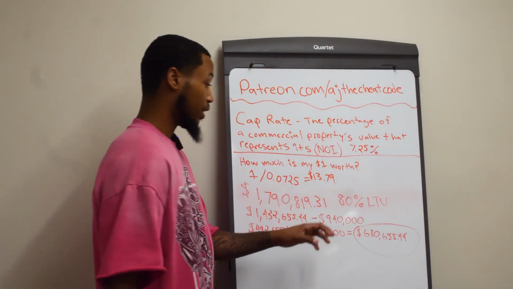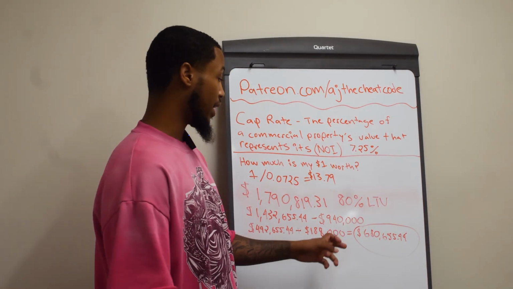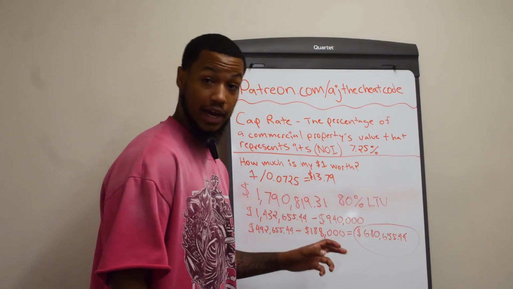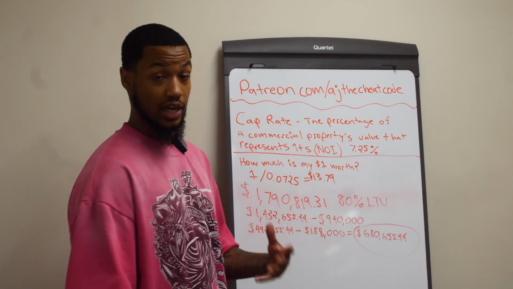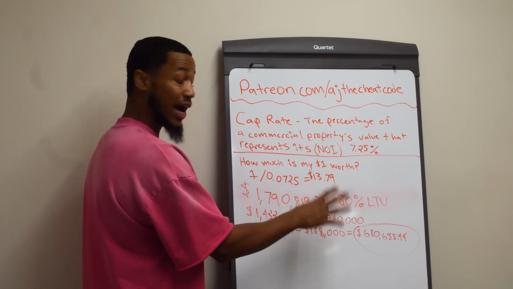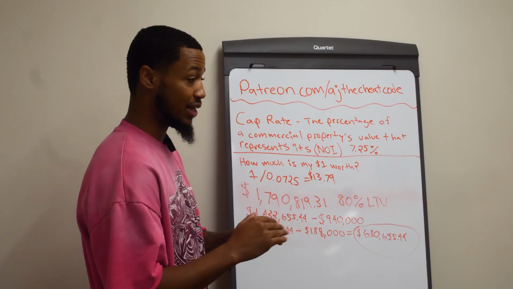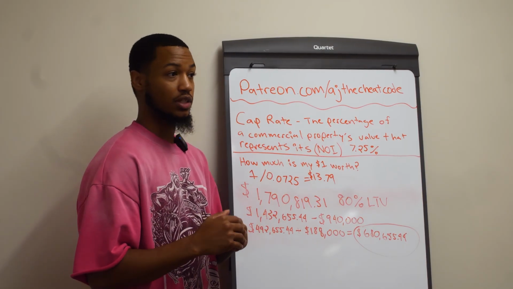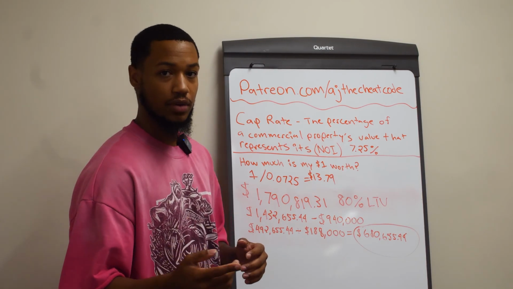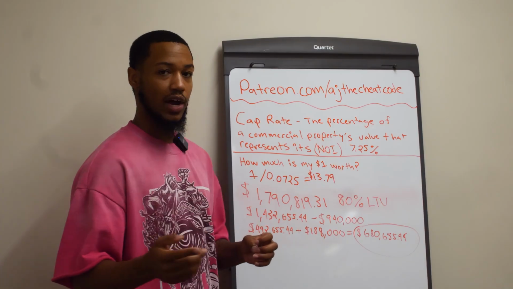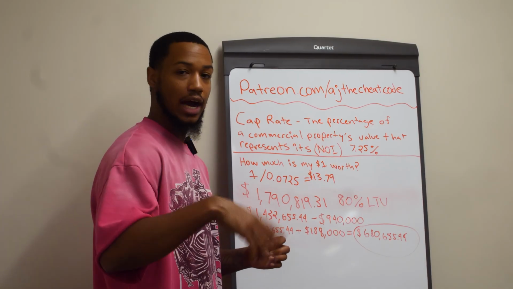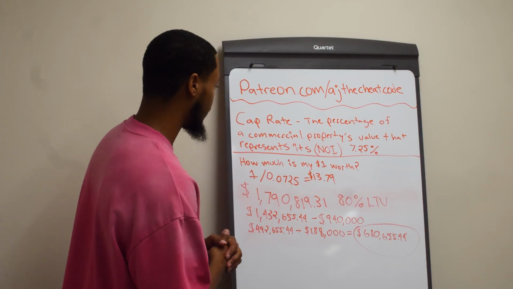That number is how much you can go to the bank and extract from this deal once you do your cash out refi. Now, mind you, you still have to make sure you meet the debt service ratio requirements, which typically is like 1.25. They want you to make $1.25 for every dollar that you spend, things of that nature.